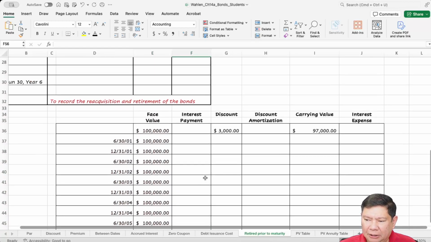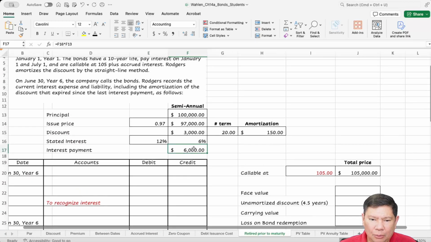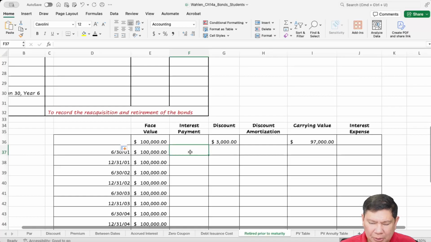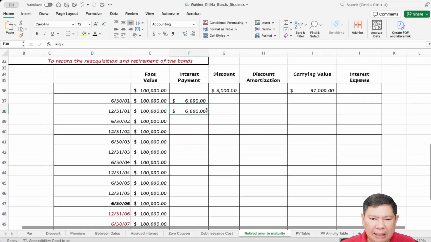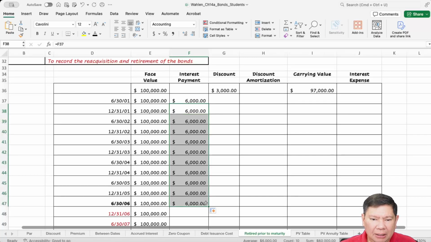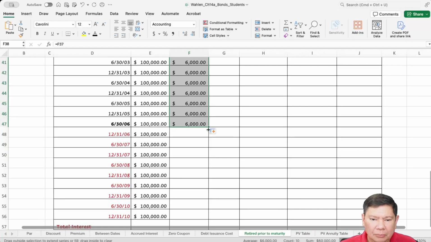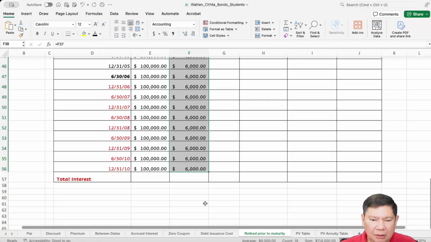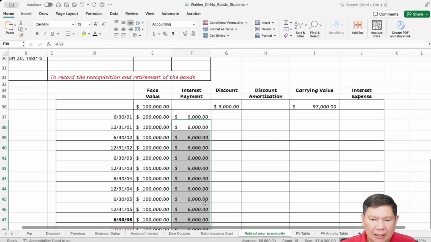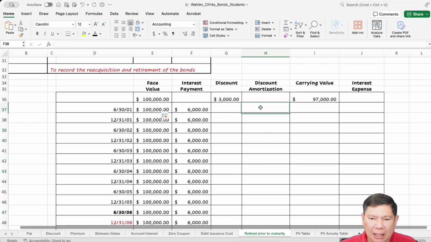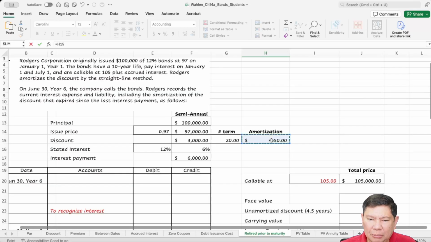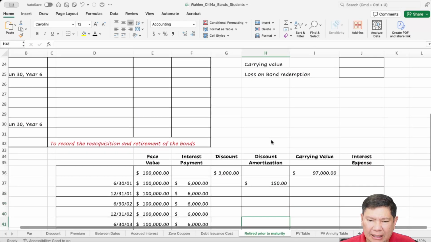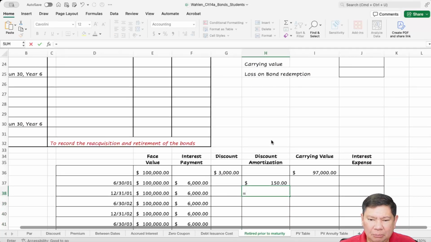The interest payment is always 6,000. Let's put it in here, 6,000. And it will be the same every 6 months. That's based on the coupon rate. And we will amortize the discount because we're using straight line. It's going to be the same, 150 every 6 months.